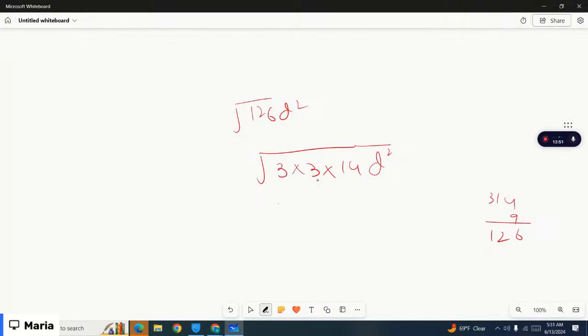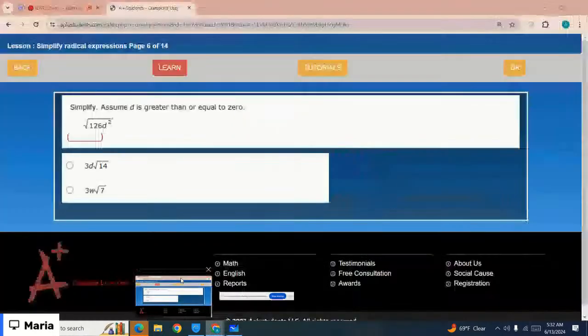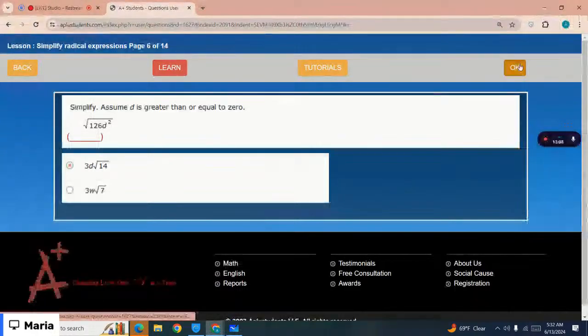So now you can write 3 squared d squared times square root 14. So that is 3d square root 14. The correct option is 3d square root 14. Option number 1 is the correct option.